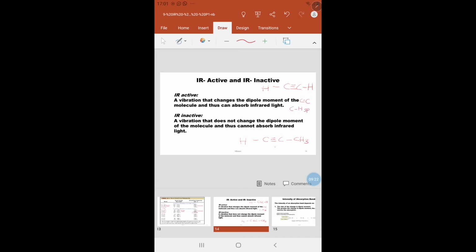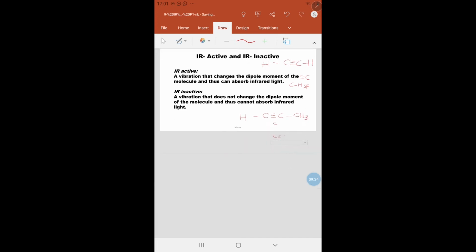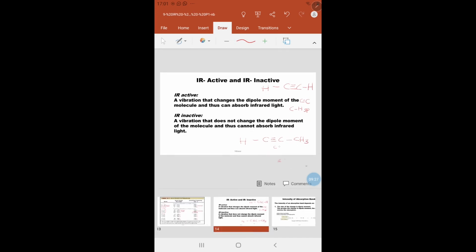For the second, you see C triple bond C, CH sp, and CH sp3. Now compare the C triple bond C here and here. Why do I say this C triple bond C is IR inactive, whereas this C triple bond C is IR active?